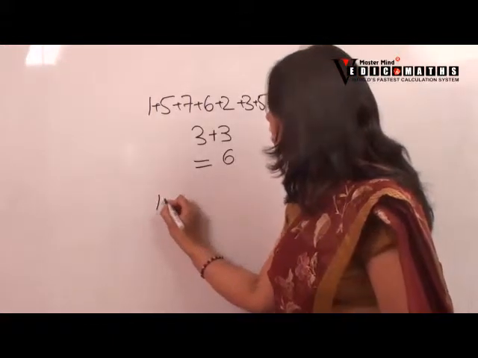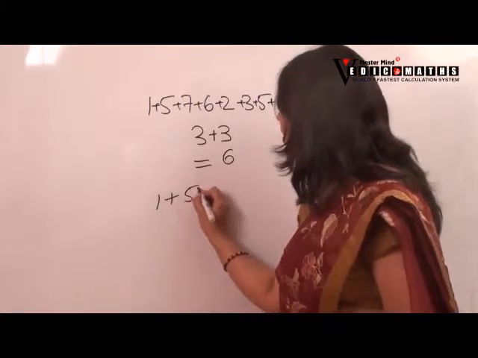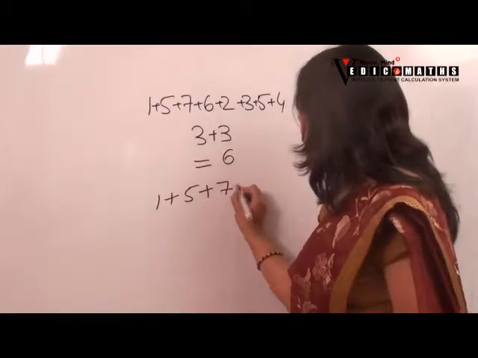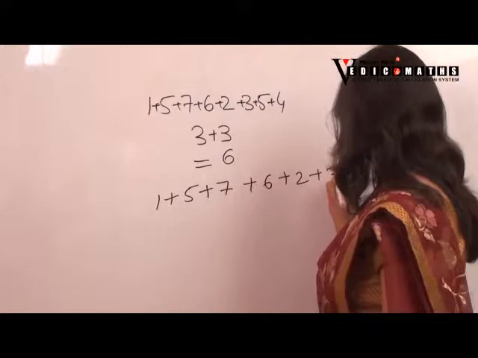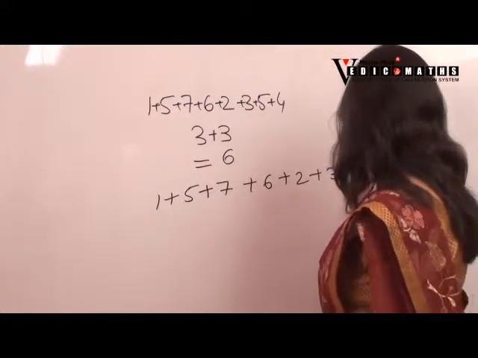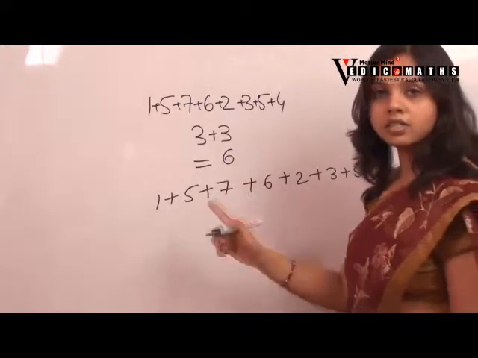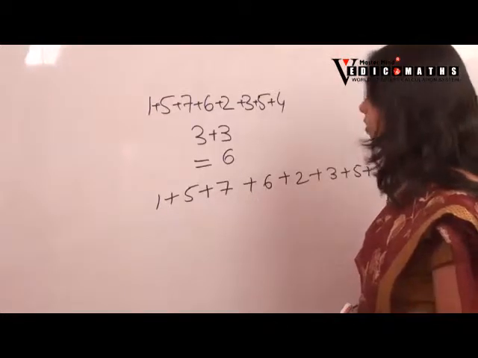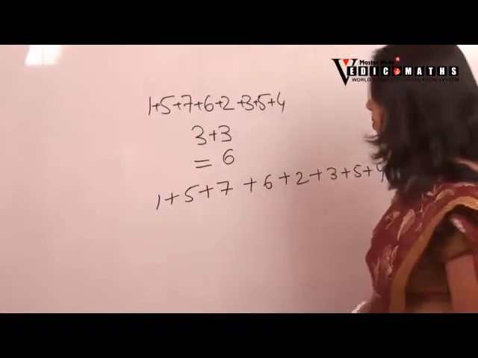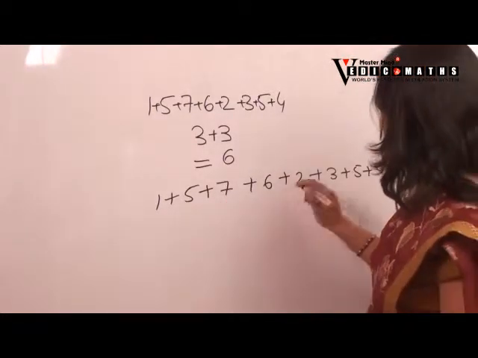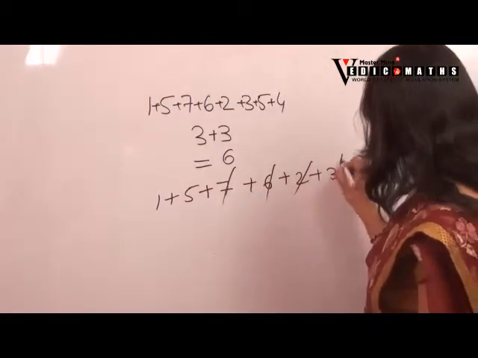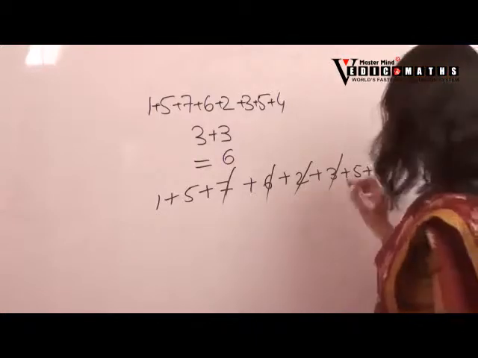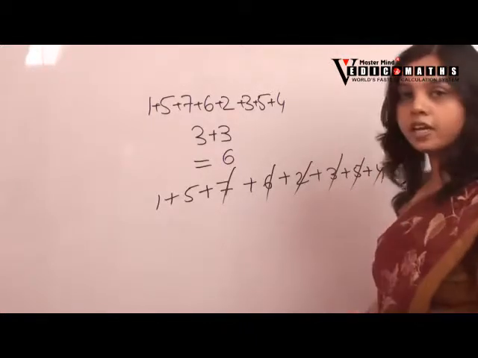I have given you a statement that in Navanga 9 is treated as 0. Let's see how we can say that. Our answer is like that. We can cancel 9 as 7 plus 2 is 9. 6 plus 3 is 9. 5 plus 4 is 9.